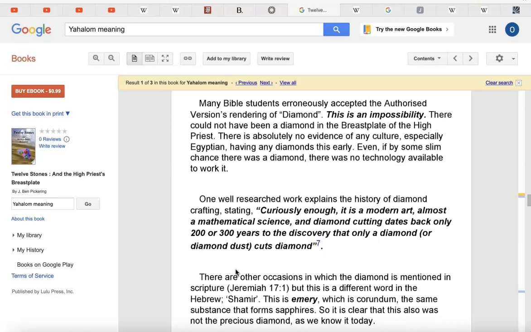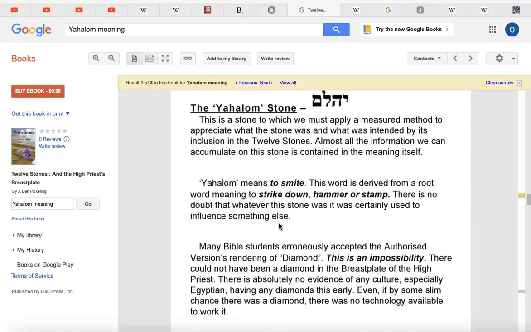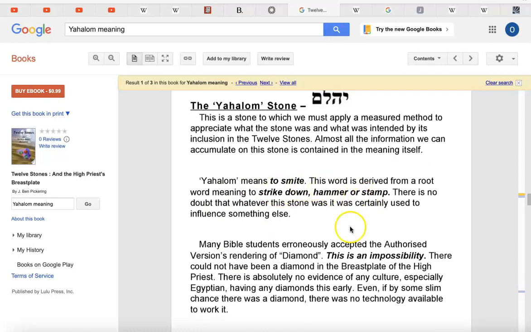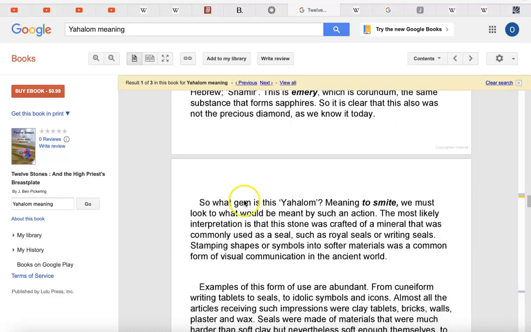No, they're talking about something else. And that's why he emphasizes that Yahalom means to smite. Okay, to strike down, hammer, or stamp. All right, so what gem is this Yahalom, meaning to smite?